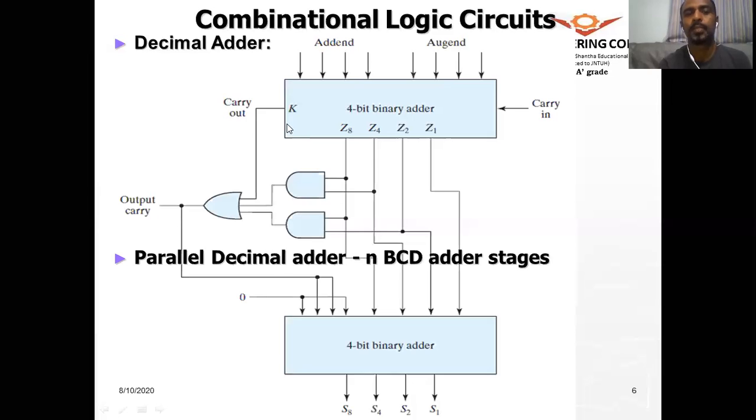This setup here is only to add 4 plus 5 or 9 plus 3 or something like that, a single BCD digit with another single BCD digit. If I want more than one digit, then I have to use multiple of these circuits.